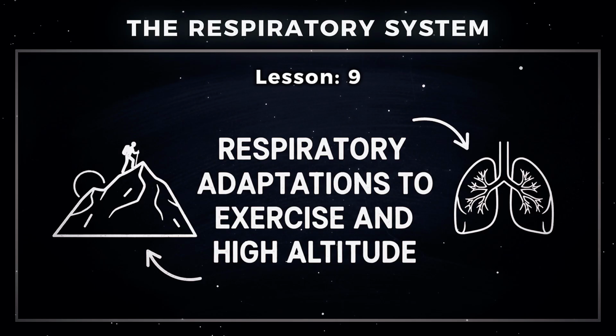Some argued the diffusion limit of the lungs would make it impossible. It wasn't until 1978, when Reinhold Messner and Peter Habeler reached the summit without bottled oxygen, that we realized just how powerful the body's acclimatization could be. They proved that with enough time to adapt, the human lung can perform miracles in thin air.